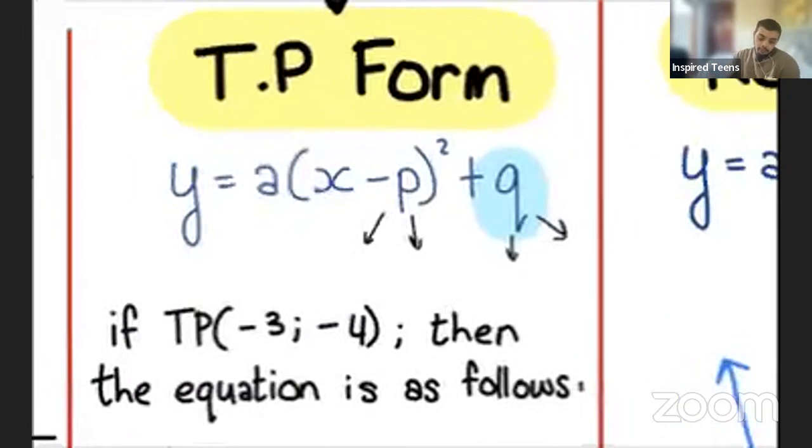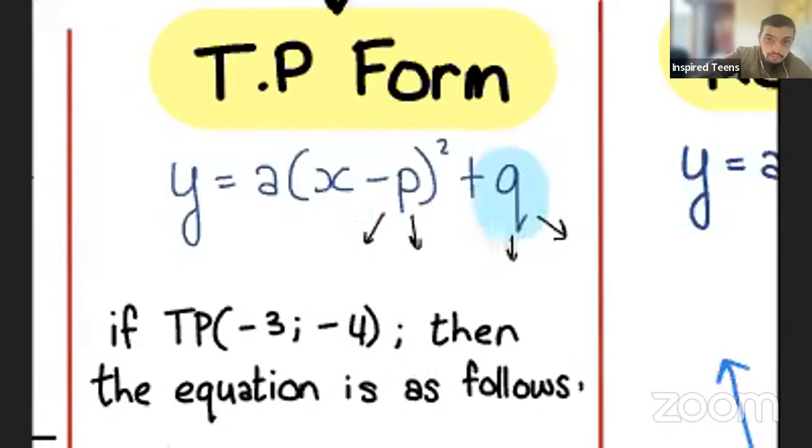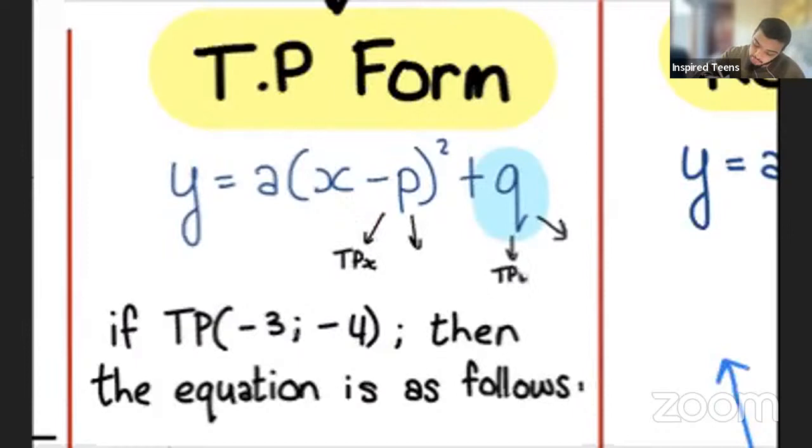Let's look at turning point form. Turning point form is y is equal to a, open brackets, x minus p, close brackets squared, plus q. In this form we have p and q, and p and q are the turning point. That's why it's called turning point form. p is the turning point x, and q is the turning point y. One important thing is that when we compare the equation to the actual graph, p has the opposite sign to what it has in the graph.